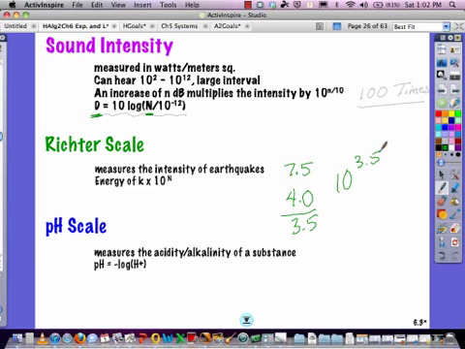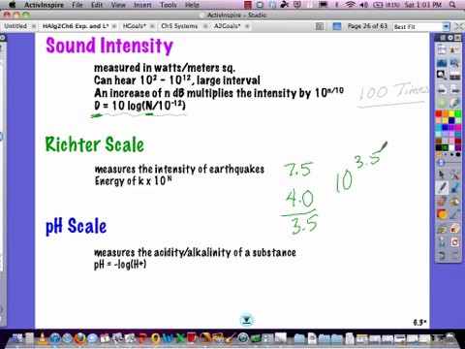We know 10 to the third is 1,000, so 10 to the 3.5 power would be approximately 3,162. So 3,162 times more intense than the other. That's a big difference comparing the 3.5 to what it actually is in terms of intensity.